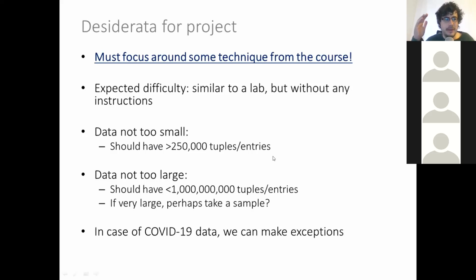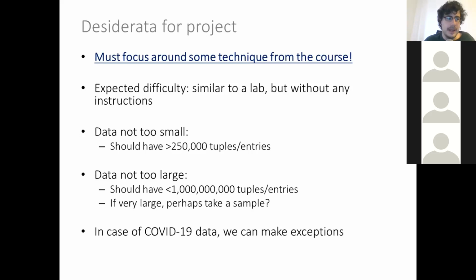So if there's like one input per second, it would maybe be a bit low, or it would be relatively easy to handle. It wouldn't really justify the use of the techniques we're using in this course. You could store that easily in a dictionary in Python, for example, or whatever.